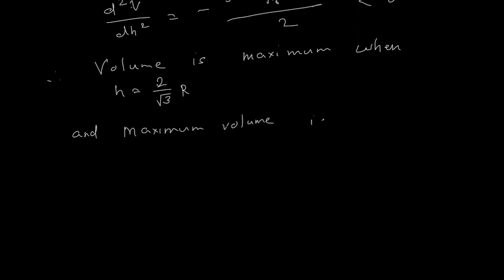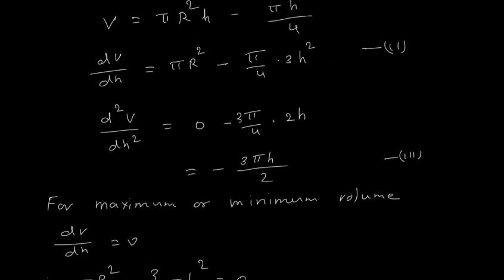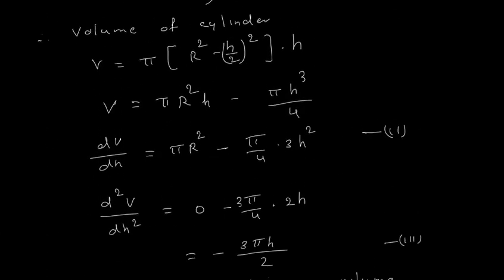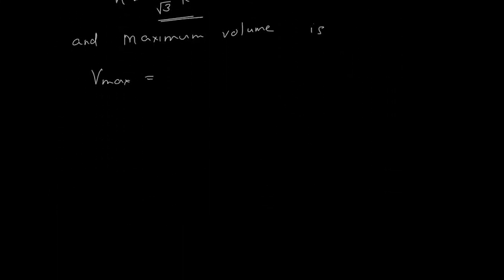Now for maximum volume, V max, I am going to put the value of H as 2 upon root 3 R. The volume in terms of H we have written here: V is pi R square H minus pi H cube upon 4, right?